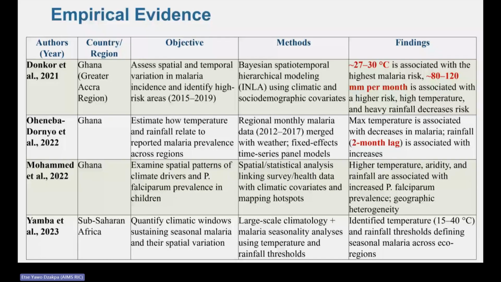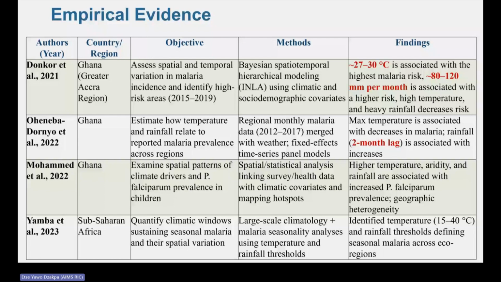For temperature, most studies highlight that there is an optimal range associated with high malaria risk, and that range is between 25 and 30 degrees. For rainfall, when we have rainfall of less than 120 millimeters, it is highly associated with heavy rainfall.